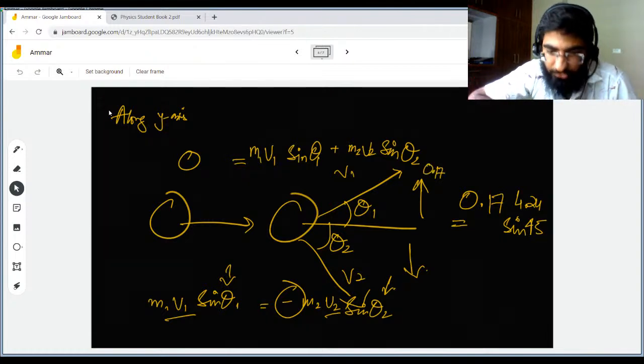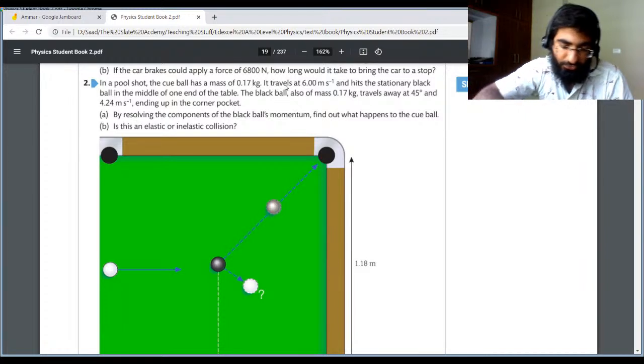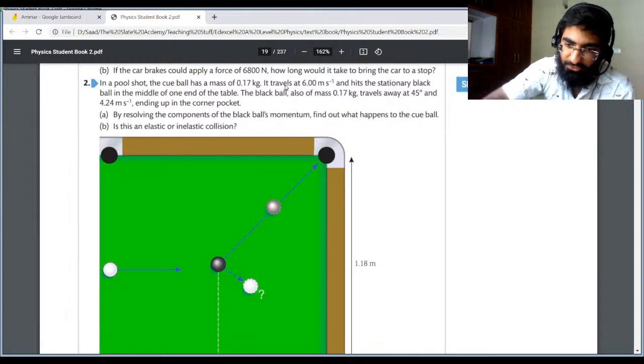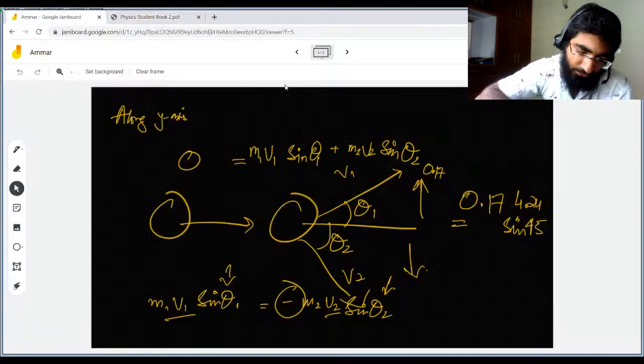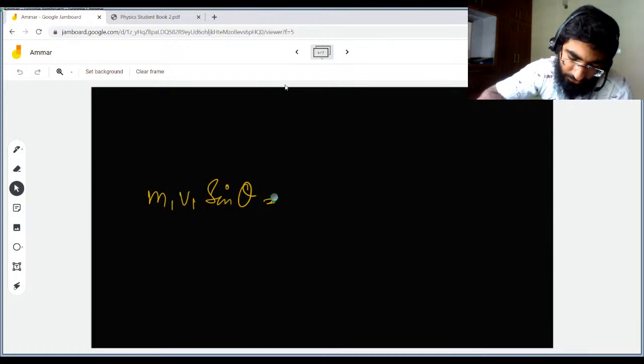V sine theta we don't know. Are we given the 6? Ah, no, we're not given V. U is 6. V2 is not given. U2 is not given. So if I simplify it, it would become like this: m1 v1 sine theta 1 is equal to m2 v2 sine theta 2.